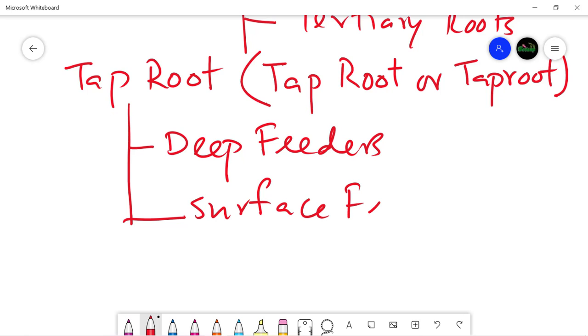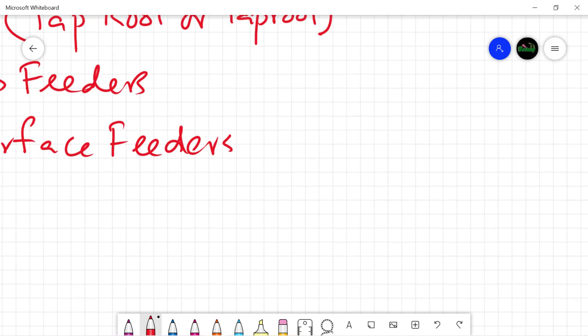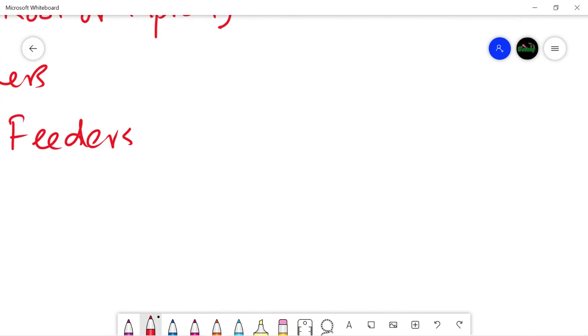Now this feeder word pertains to the taproot, the extent to which it grows in the soil. As far as the deep feeders are concerned, again this is soil, and this is the stem, and this is the root.